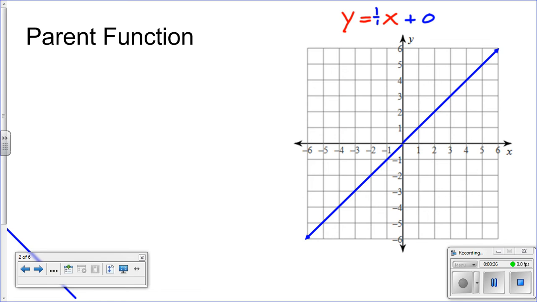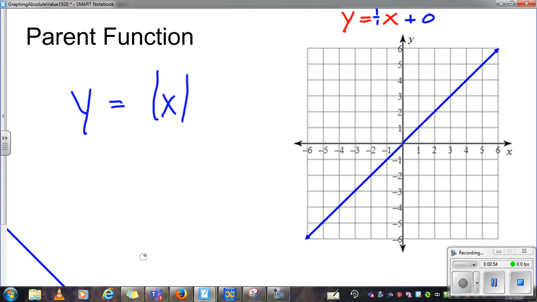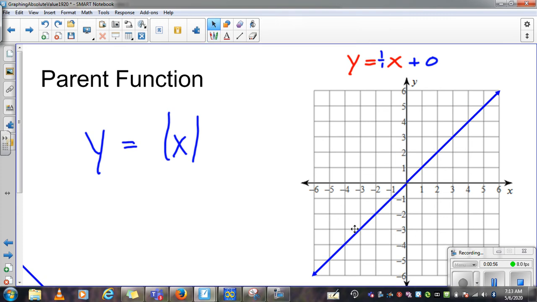Well, when you take the absolute value of that, absolute value is a number's distance from 0. What ends up happening is when you take the absolute value of a number, since number is distance, you're going to come out with a positive value. So that means all of those negative values that we have right here are actually going to become positive.